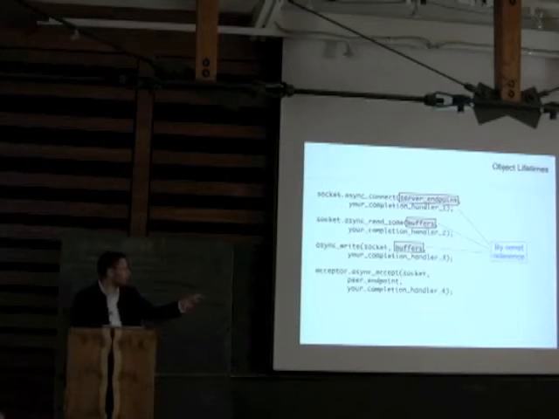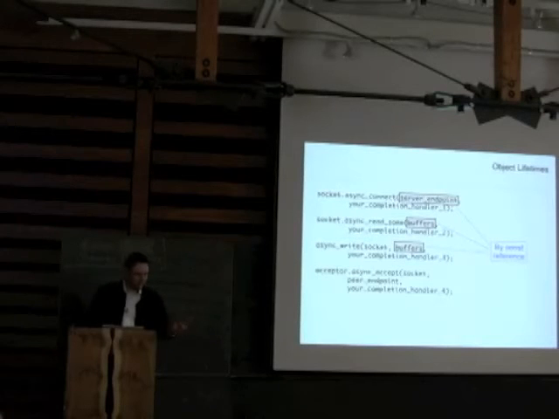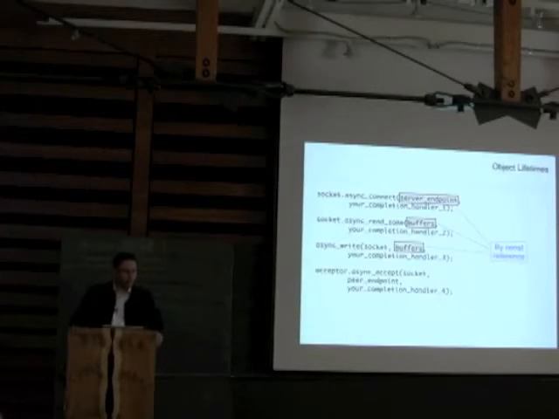In the case of buffers, buffer objects in ASIO are shallow. They don't own the memory associated with them. So it makes a copy of the buffer object, and it is your responsibility in the application to guarantee that the lifetime of the memory is maintained until the operation finishes.